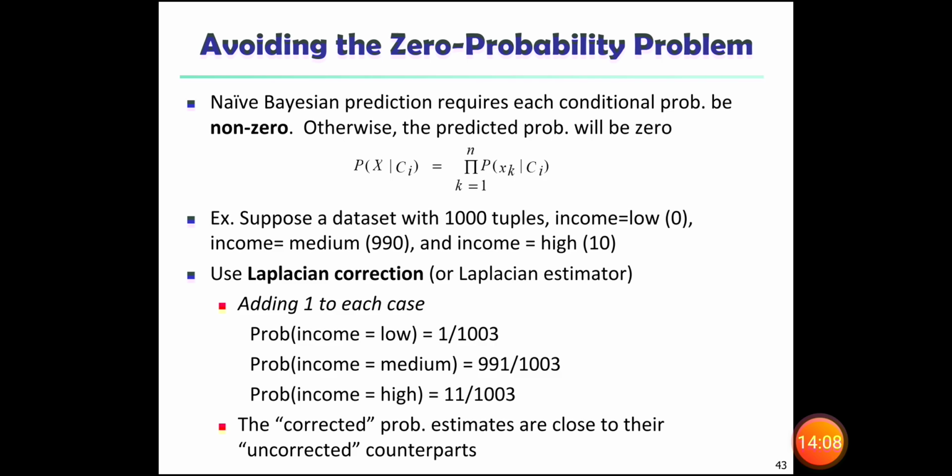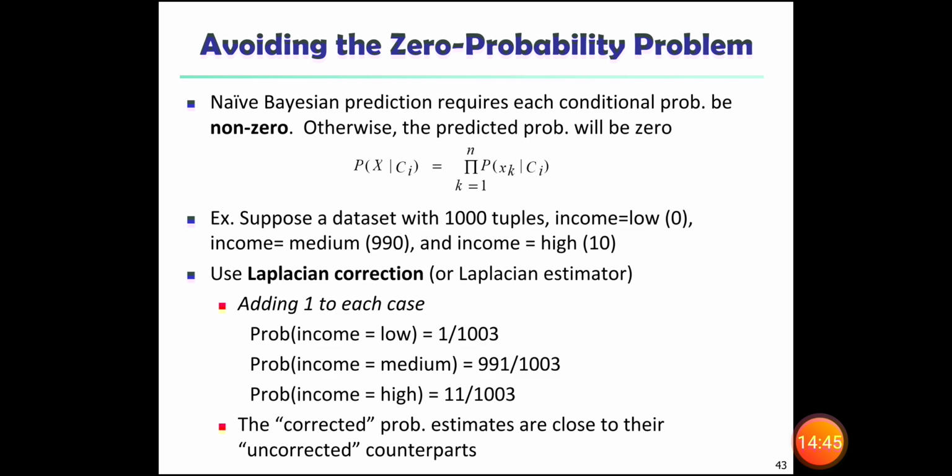So with this, you can calculate the probability of income equal to low as 1 by 1003. After adding 1 to each case, we are getting this 1 for the low value. The same way for medium, the probability of income equal to medium is 991 by 1003, and if income is high, then 11 by 1003.